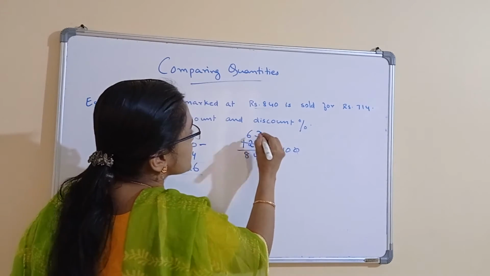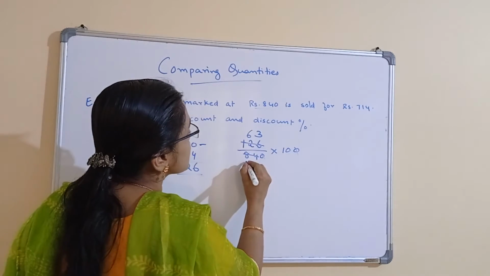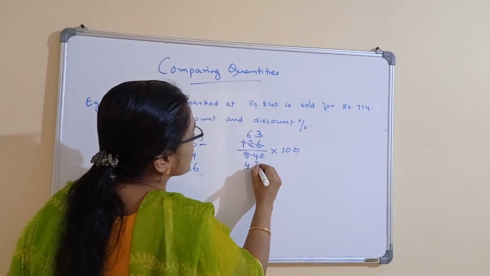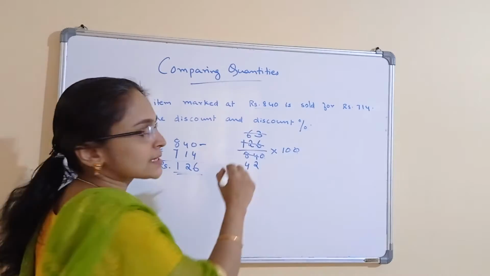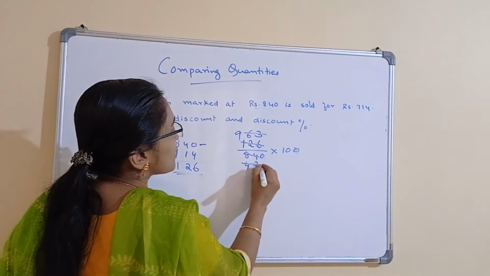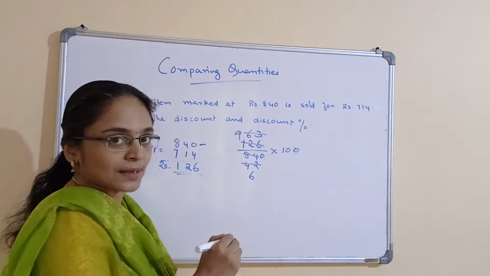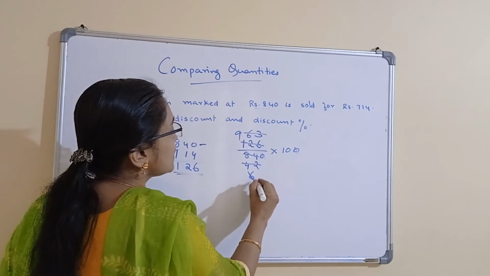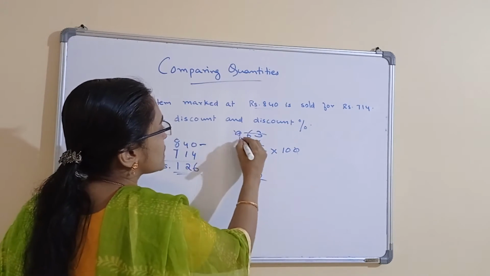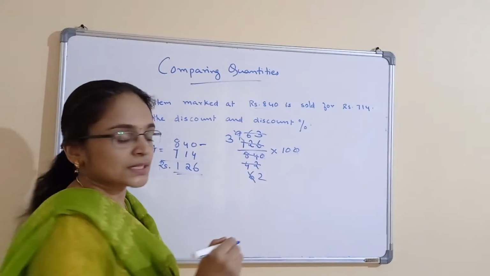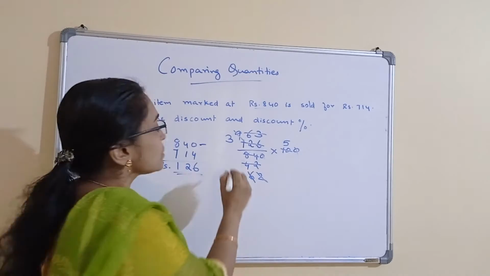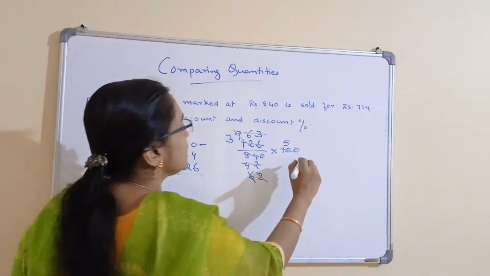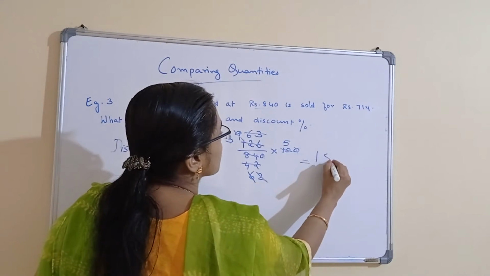You will get this as 63 and this is 42, right? And 7 will go in 63 9 times, 7 will go in 42 6 times. Now 3 will go in 6 2 times, 3 will go in 9 3 times and 2 will go in 10 5 times. So 3 and 5 are remaining. 3 into 5 is equal to 15.